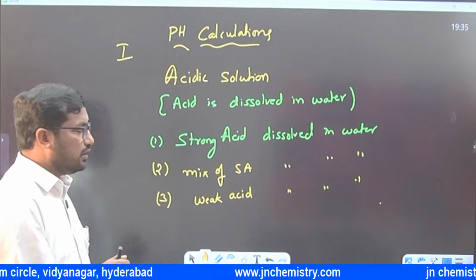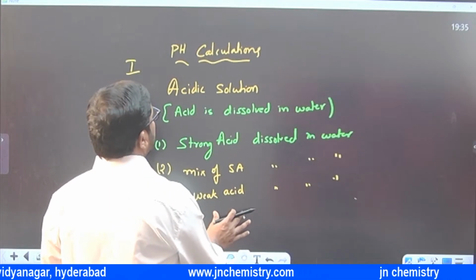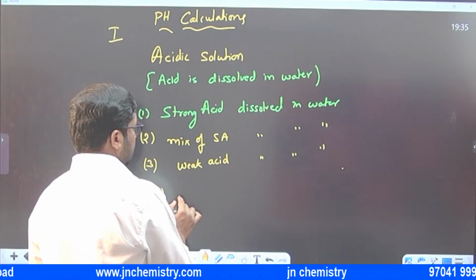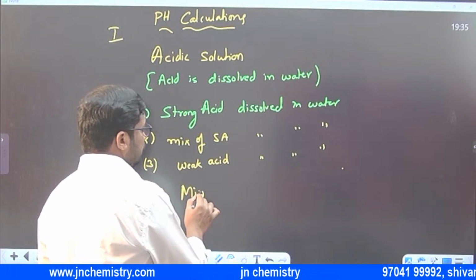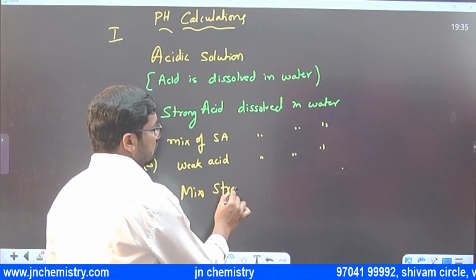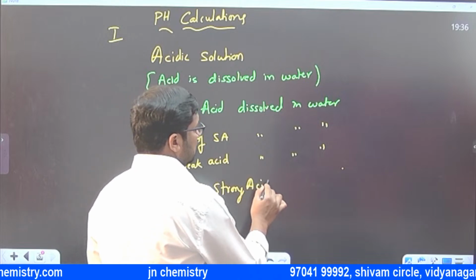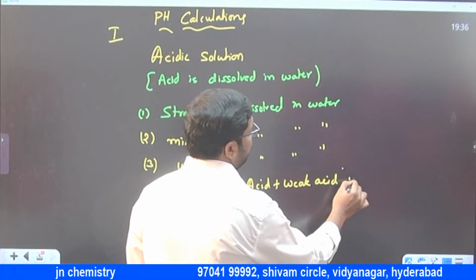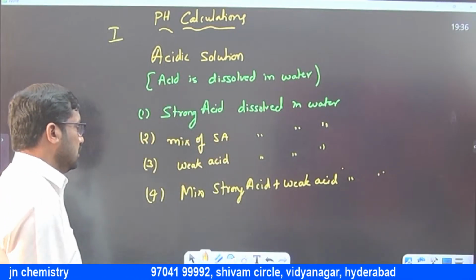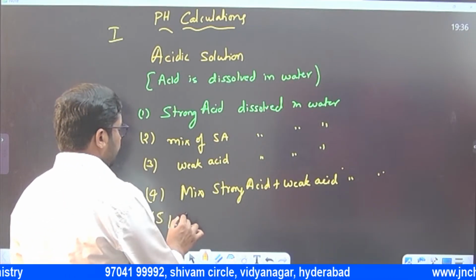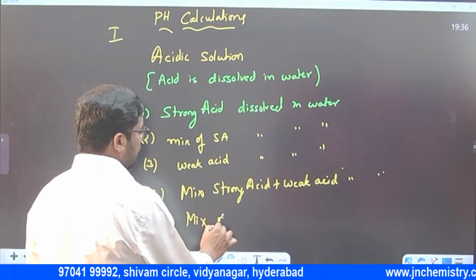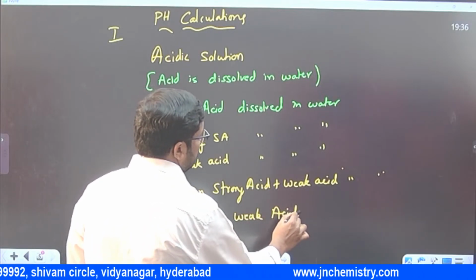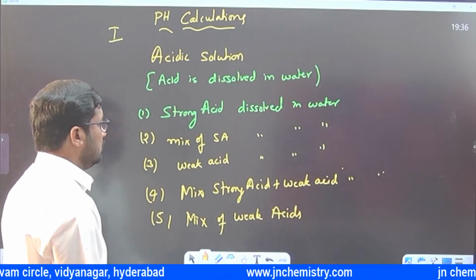We are going to calculate all of these. Fourth, the mixture of strong acid plus weak acid dissolved in water. Fifth, a mixture of weak acids dissolved in water.